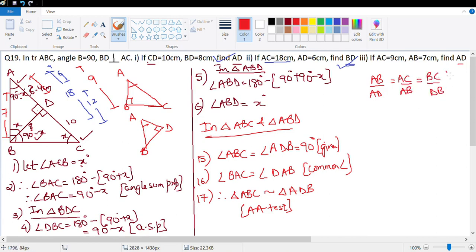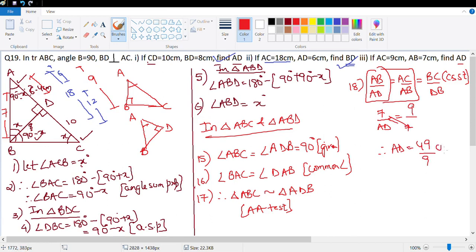This is CSST. AB is given, AC is given, and we need to calculate AD, so we are taking the first two. AC is given as 9, AB is given as 7. Therefore, AD is equal to 7 into 7, 49 upon 9 centimeter.